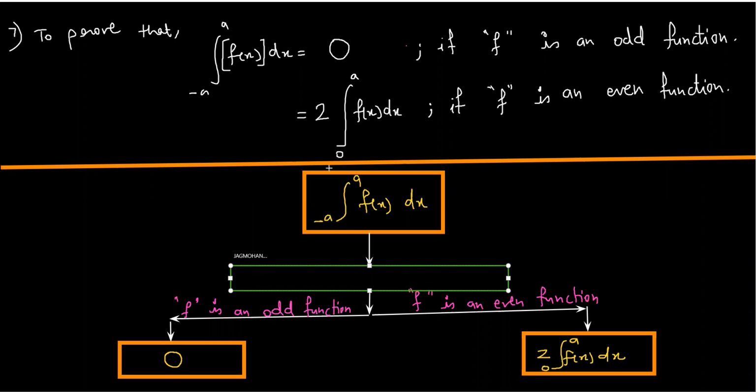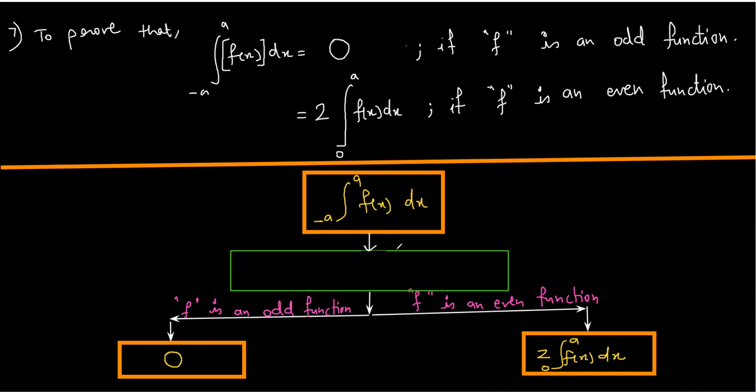See, whether you want to go for odd or even function, you will have to first arrive at this intermediate block. That is, you will have to prove this one first. Whether you want minus a to a f of x dx to be 0 when it is odd, or 2 times 0 to a f of x dx when f is even, either of these two you'll be able to prove only when you have proved this intermediate step. And what is that intermediate step?